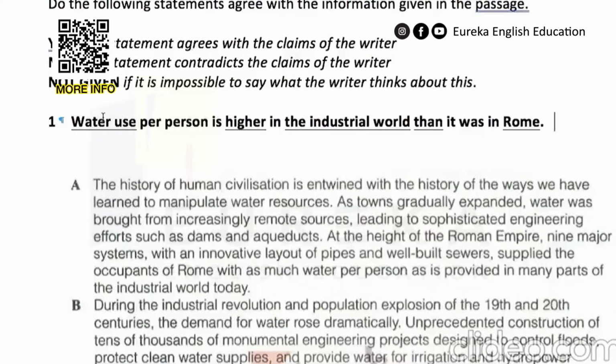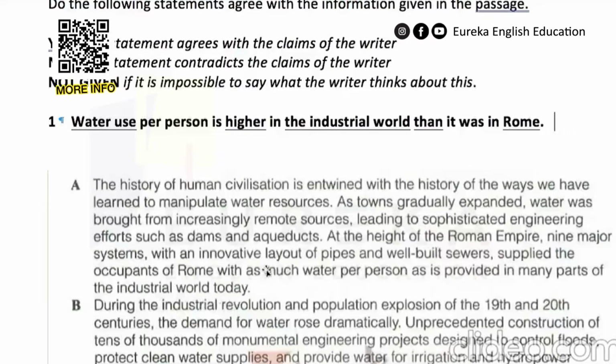The statement says that water use is higher in the industrial world than it was in Rome. So it's a comparison. If we try to understand the sentence I just read, it says the supply of water to the occupants of Rome is just as much per person as in many parts of the industrial world today.